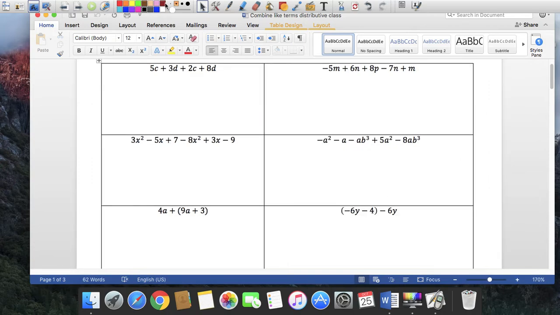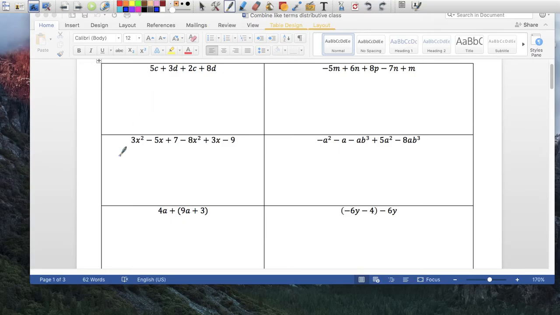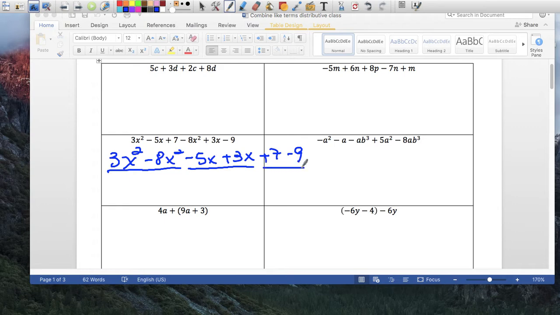All right, so here's likewise the same thing. Let me move things around: 3x squared minus 8x squared minus 5x plus 3x plus 7 minus 9. If you notice, when I move things around, I move the term with the sign that precedes it. So let me put a line. It's going to go all the way up to here. The second one goes from the subtraction sign all the way to the end of the x, and the plus sign all the way to the 9.